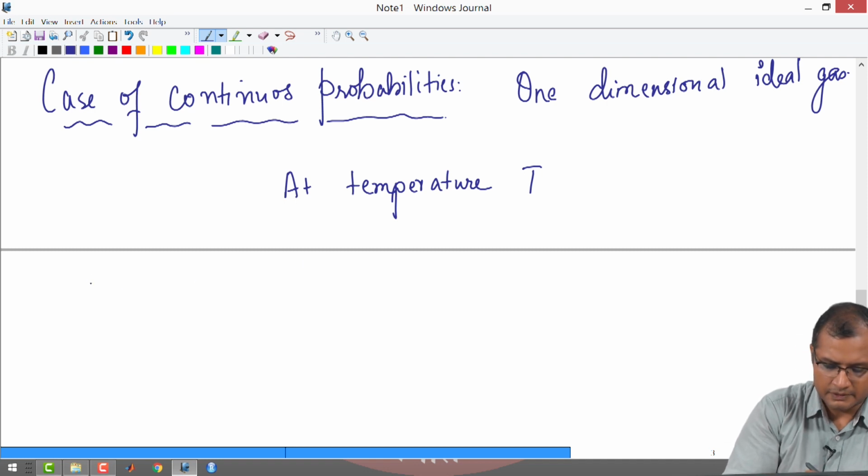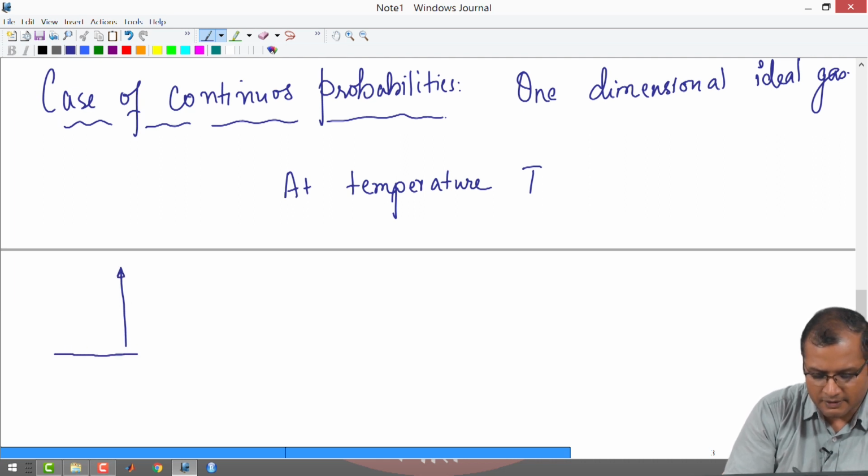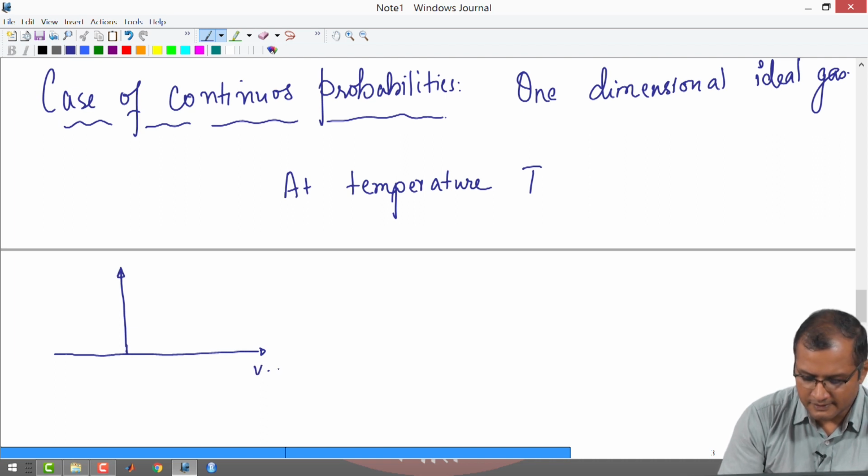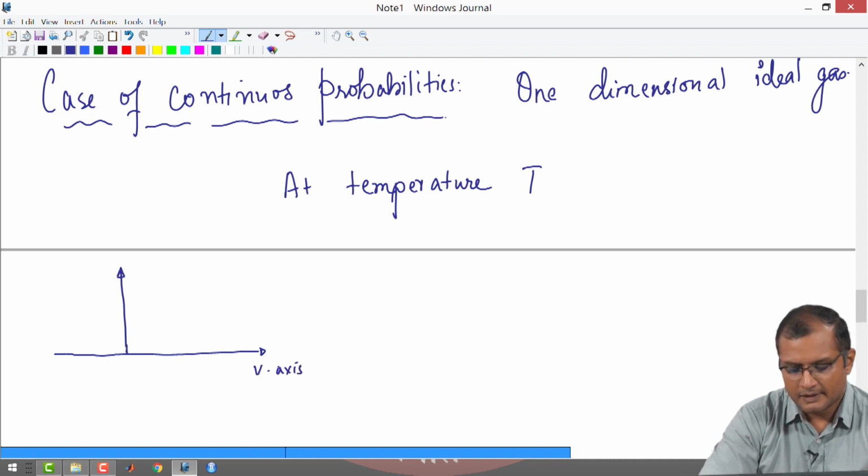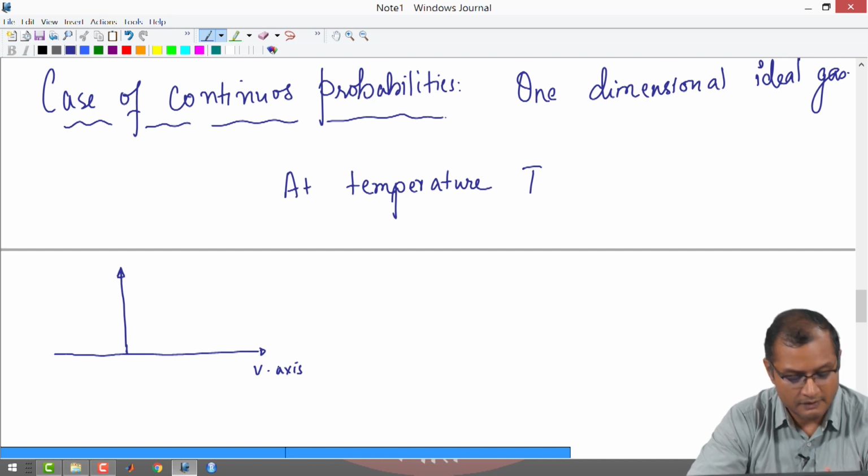So, I can take the velocities for the case of an ideal gas to be just along the line, the x axis. So, this is the v axis, v is the velocity. Okay.